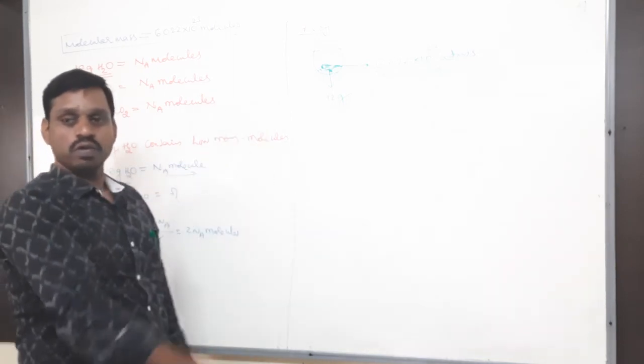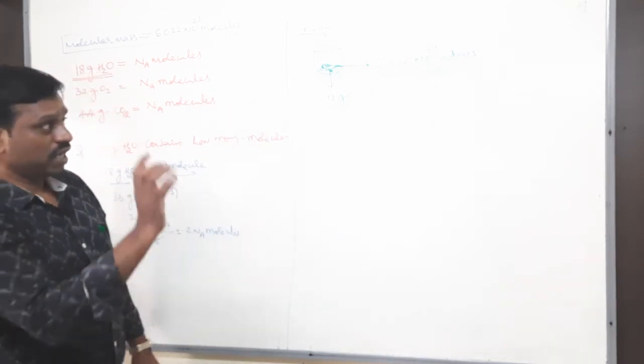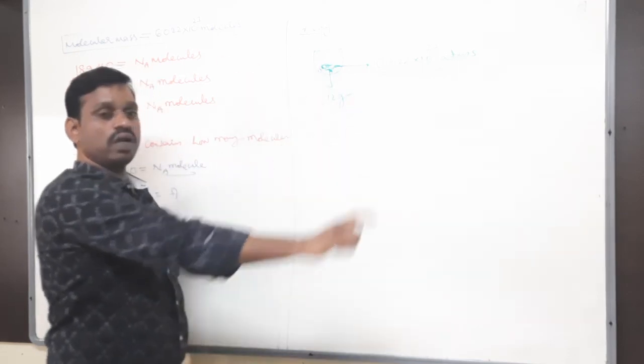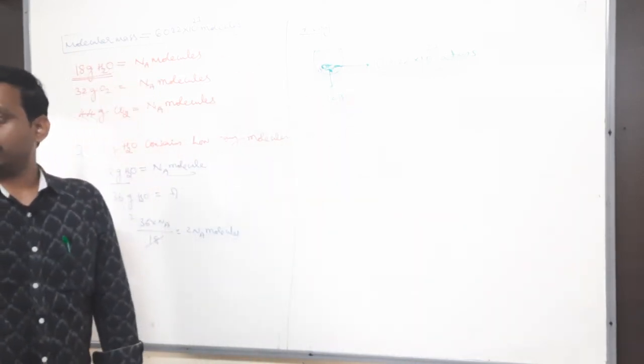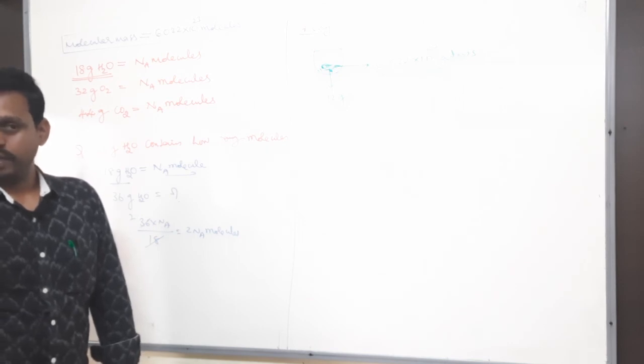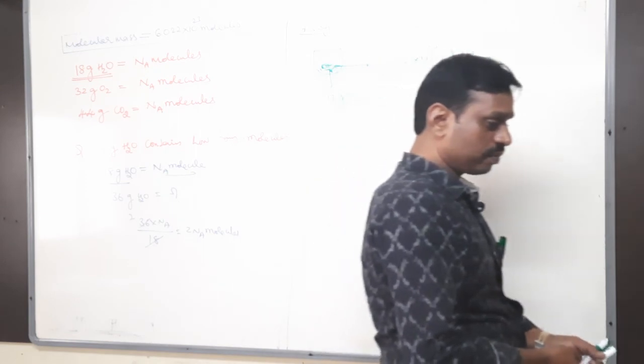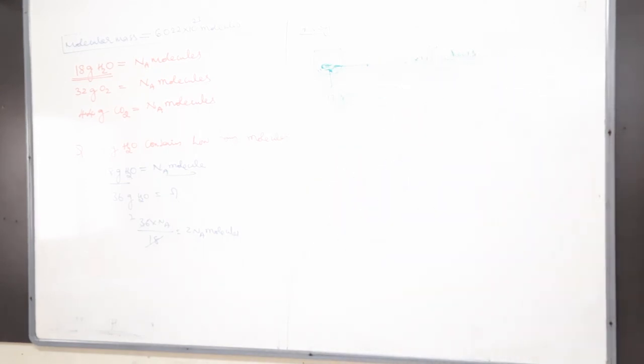We will take 1 mole later. So the number of atoms present in 12 grams of carbon-12 isotope is called the Avogadro number.